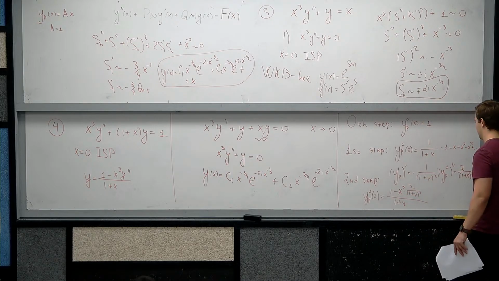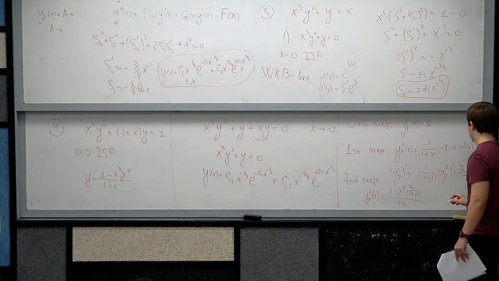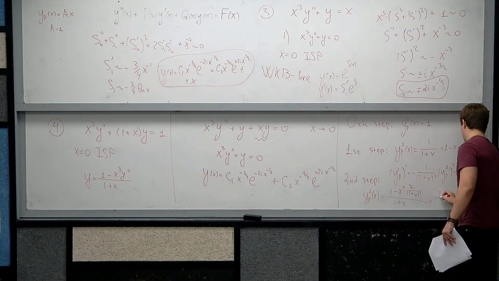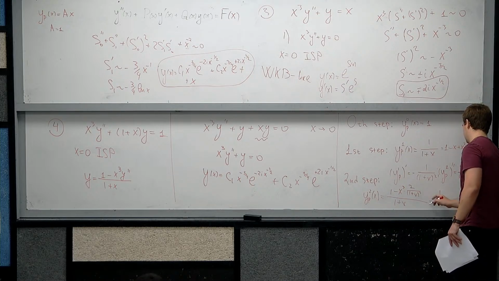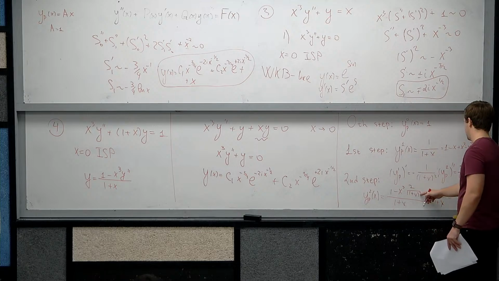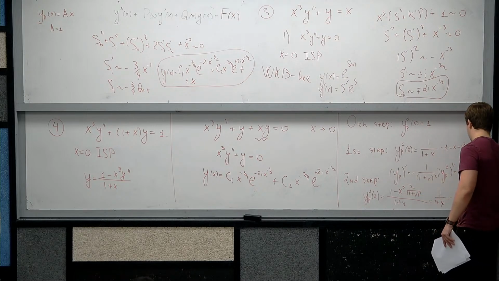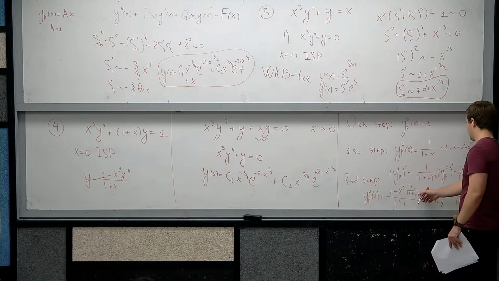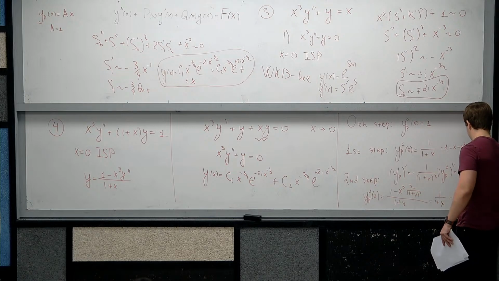Okay. So 1 plus x minus 2x cubed, and this goes to the denominator, 1 plus x to the 4th. Okay.